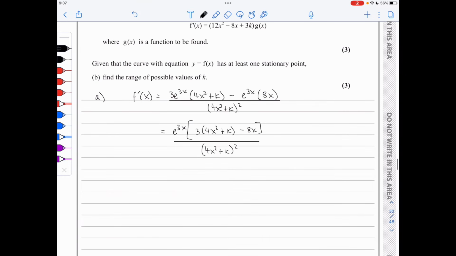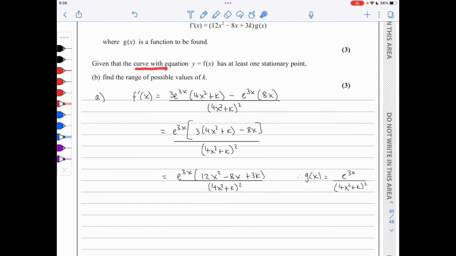And this leads to e to the 3x brackets 12x squared minus 8x plus 3k over (4x squared plus k) squared. And we can see that g of x is simply e to the 3x over (4x squared plus k) squared.